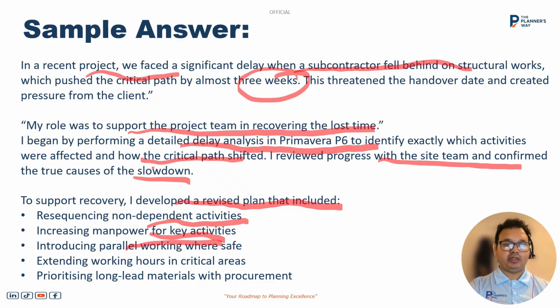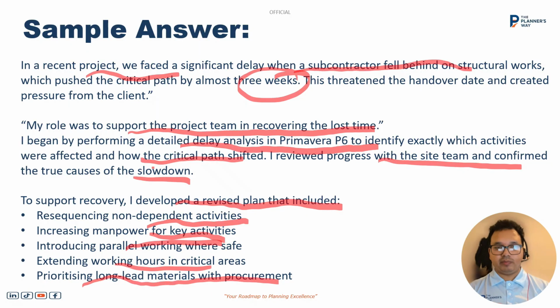And next, I increased the working hours in the critical area. So I increased the resources or extended the working time of the resource for those activities which are critical. Next, I prioritized the long lead material with the procurement team. So we need some materials in the construction, so I prioritized those long lead activities with the procurement team.